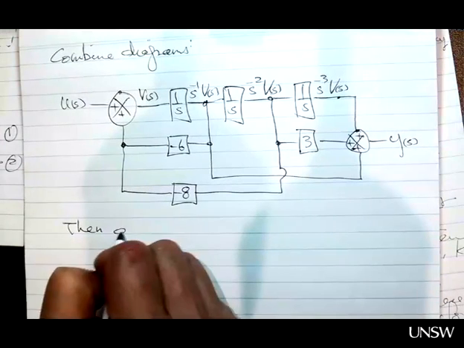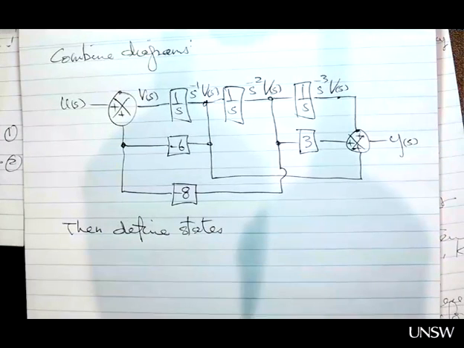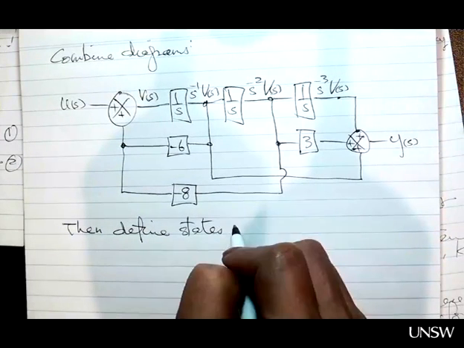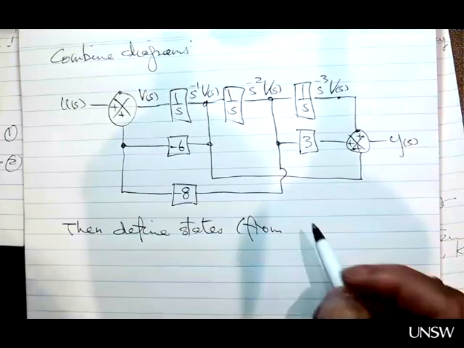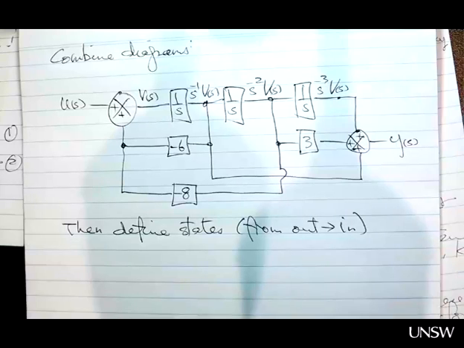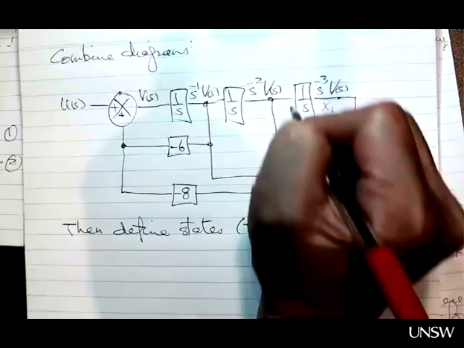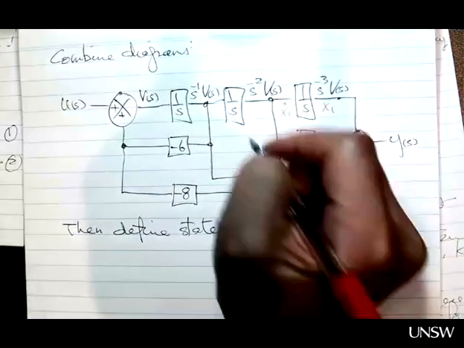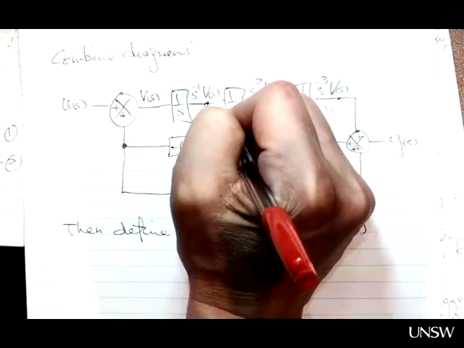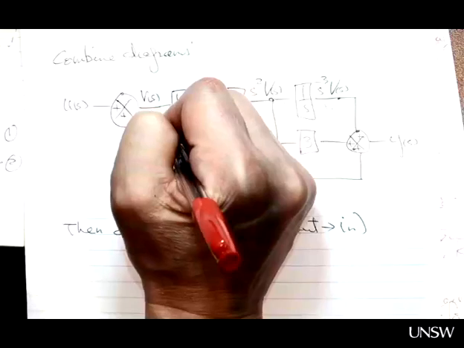Then define states from out to in. So what we mean by out to in is that we define this as x1, and then x1 dot, x2, x2 dot, x3, and then x3 dot.